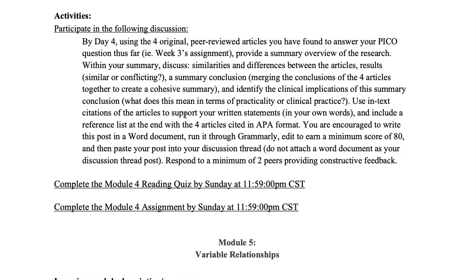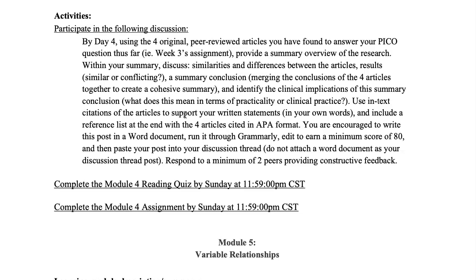Within your summary, discuss the similarities and differences between articles, results, similar or conflicting, a summary conclusion, merging the conclusions of the 4 articles together to create a cohesive summary, and identify the clinical applications of this summary conclusion. What does this mean in terms of practicality or clinical practice?